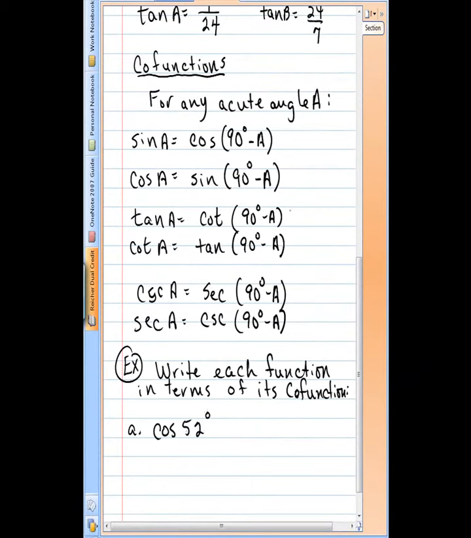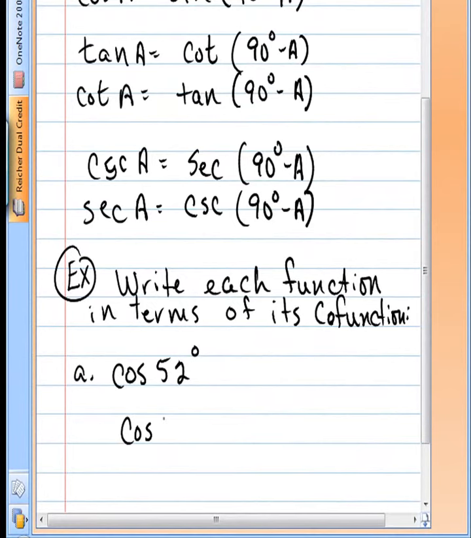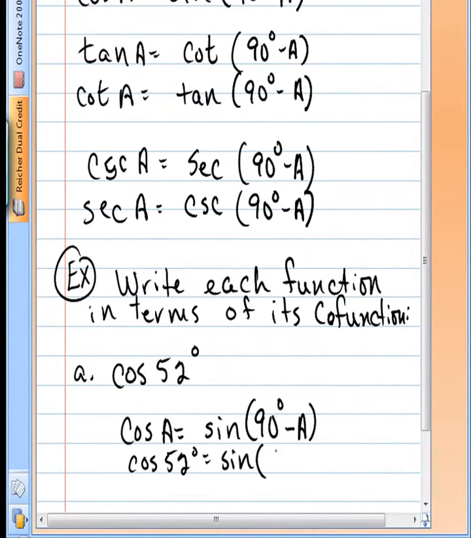Well, let's look back up here at what cosine is equal to. Cosine A is equal to the sine of 90 degrees minus A. So cosine 52 degrees is equal to the sine of 90 degrees minus 52 degrees, which equals sine 38 degrees.